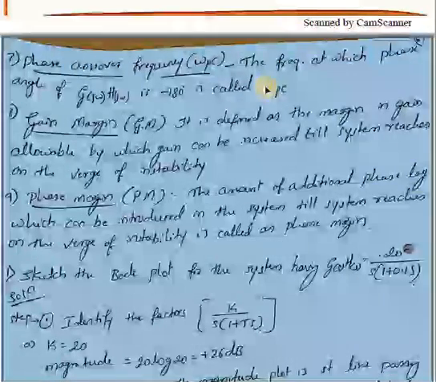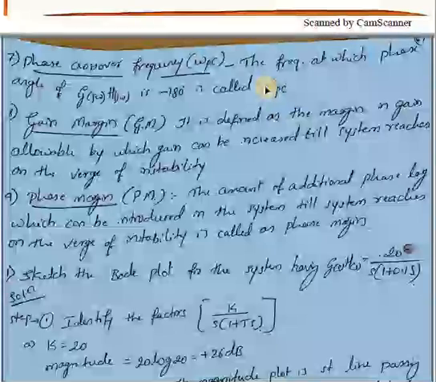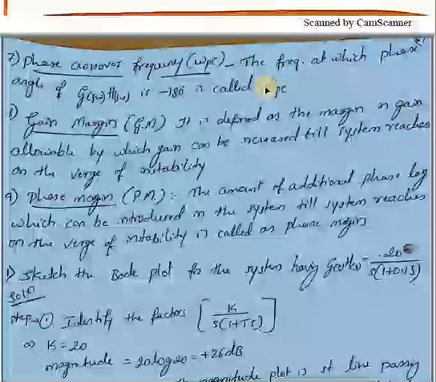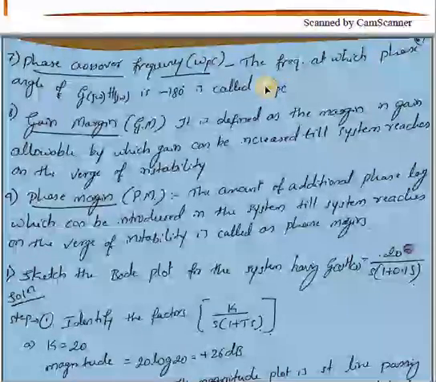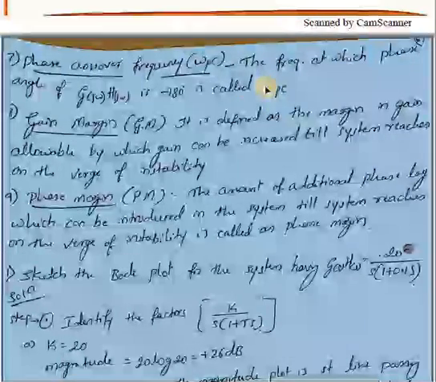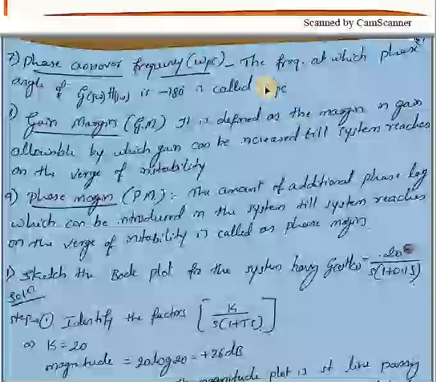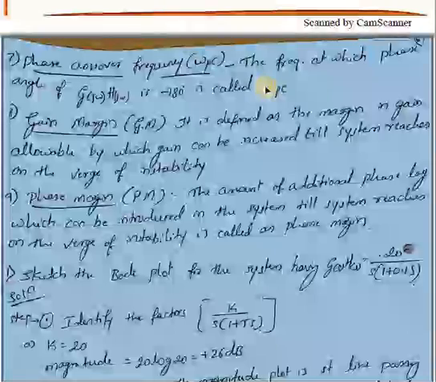Okay. Then the next one is the phase margin. It is similar to gain margin. It is possible to introduce a phase lag in the system, that is negative angles, without affecting the magnitude plot. The basic definition is the amount of additional phase lag which can be introduced in the system till the system reaches the verge of instability is called the phase margin.